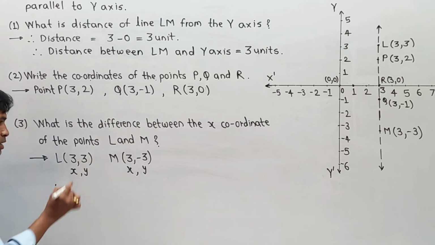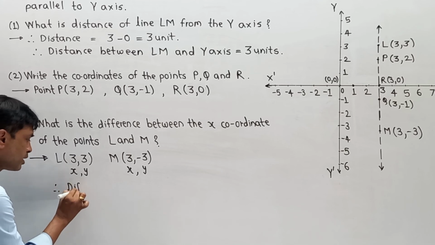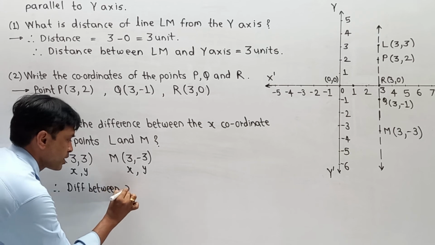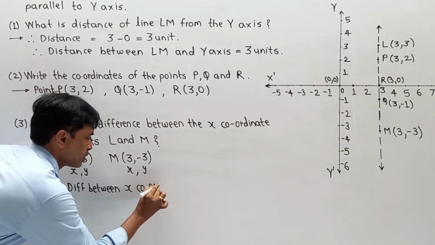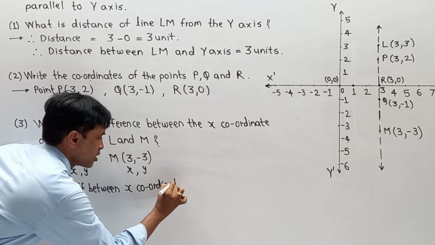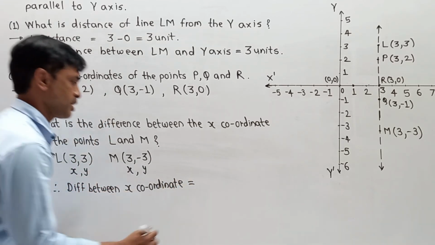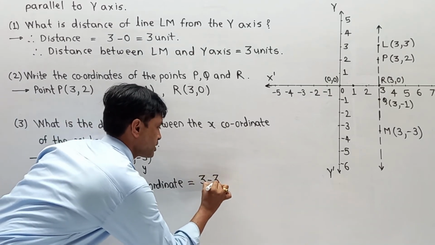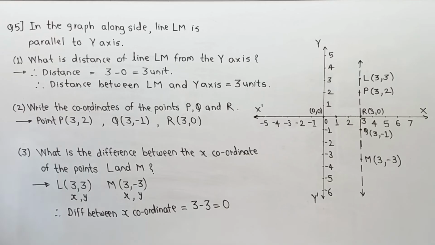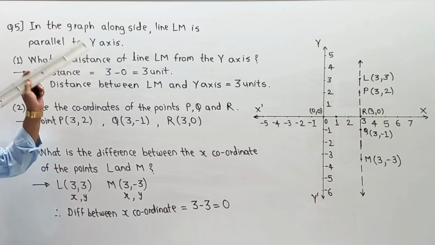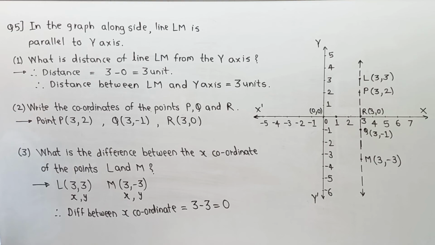So as per their question, difference between x coordinates is equal to 3 minus 3, because it is the same over here. So 3 minus 3, and that is nothing but 0, or you can say 0 units, means there is no difference between the x value for point L and the x value for point M. And in this way you can complete question number 5.